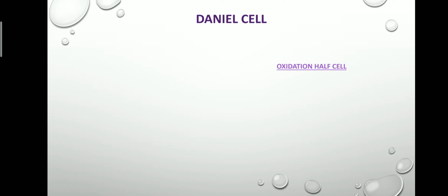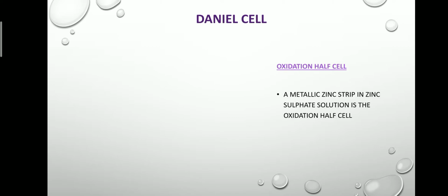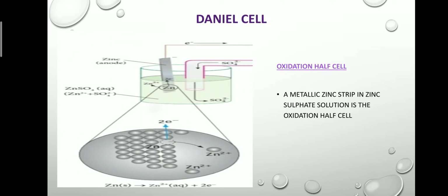First, let's see about the oxidation half cell. Oxidation is nothing but giving up of electrons, and oxidation takes place at an anode.